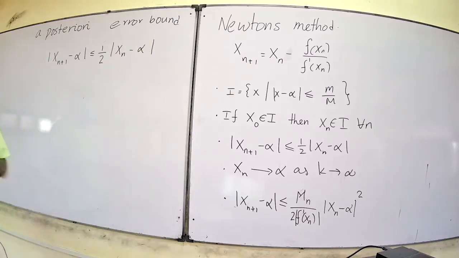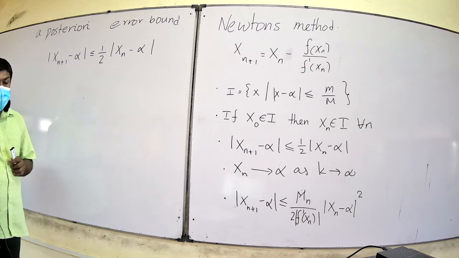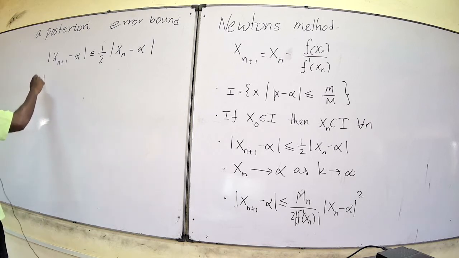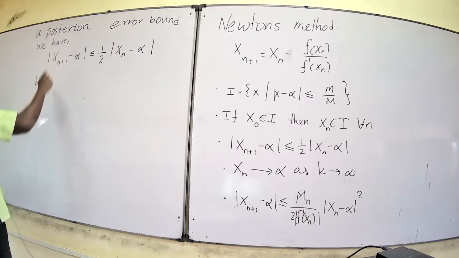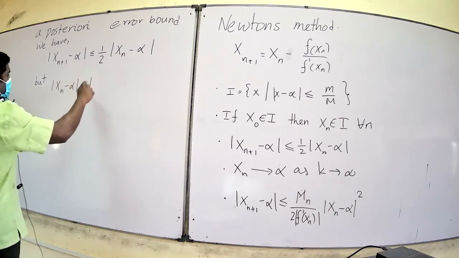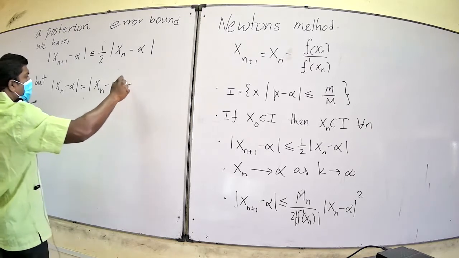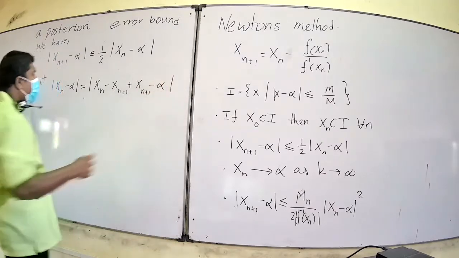Right, so we have xn plus 1 minus alpha is less than or equal to this.